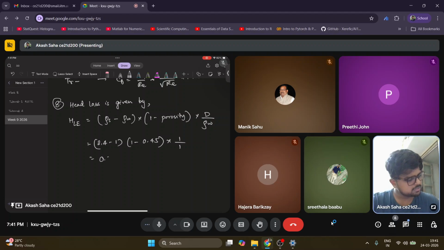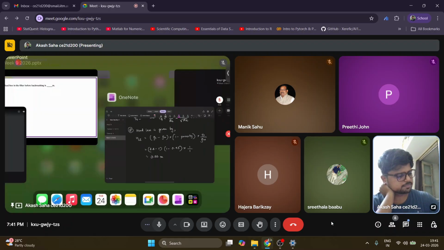So it is 0.77 meter. That is the head loss. Okay, so this is how you have to calculate.